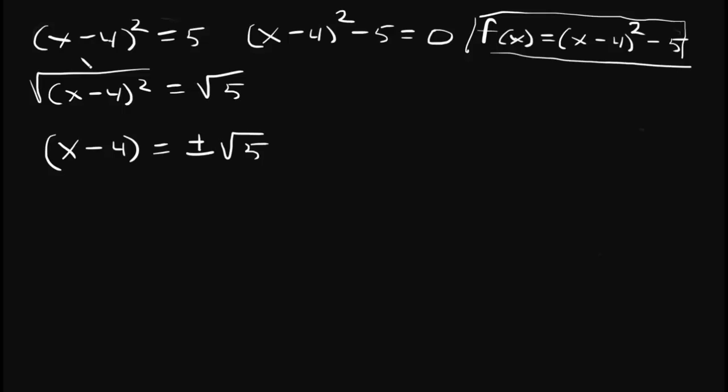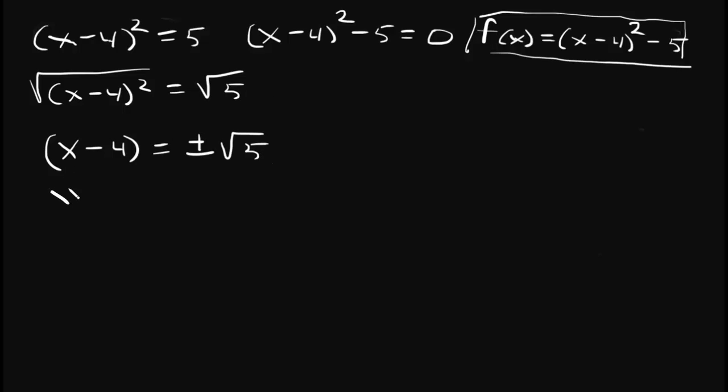To deal with the ambiguity of x - 4, that it could be a positive or a negative outcome, we won't be able to tell after we square it. We have to take account of both of those possibilities, so when we remove the squaring by square rooting this side of the equation, we add a plus or minus sign on the other side.